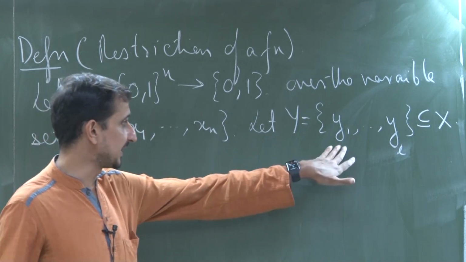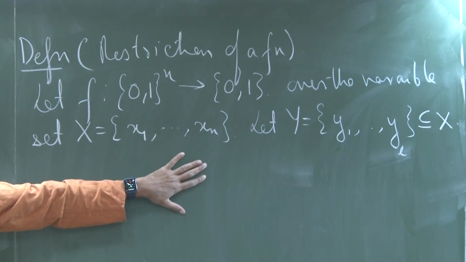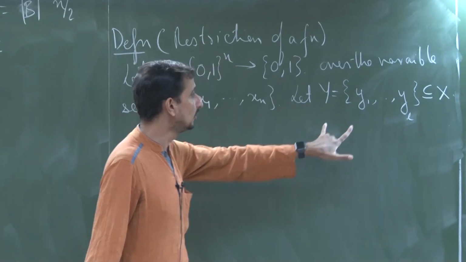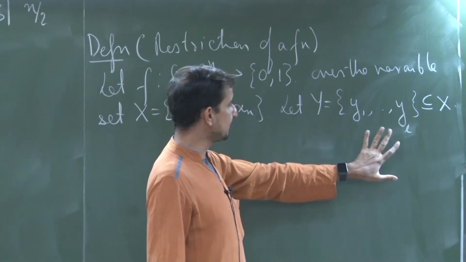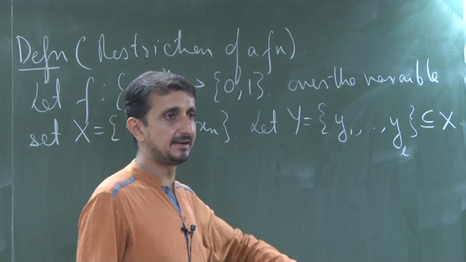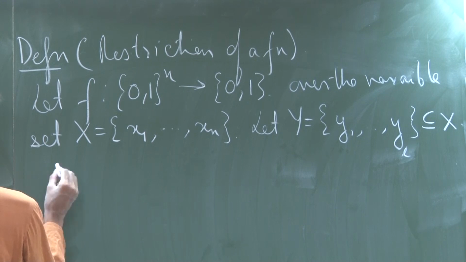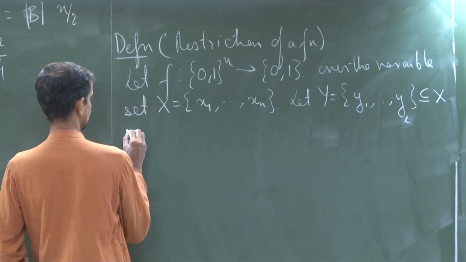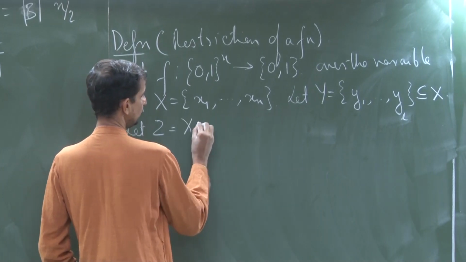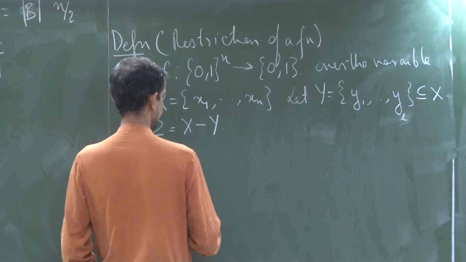Each of these y i's is some x j, and I have l many of them. The idea is that this set y will remain free, and the remainder I will fix. Now, let z be equal to x minus y. This is the z that I will be fixing.